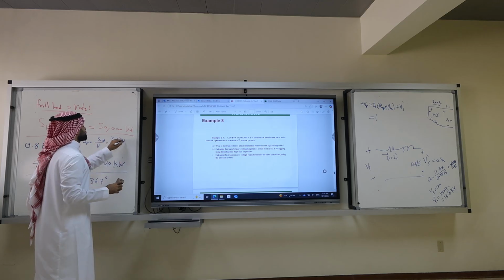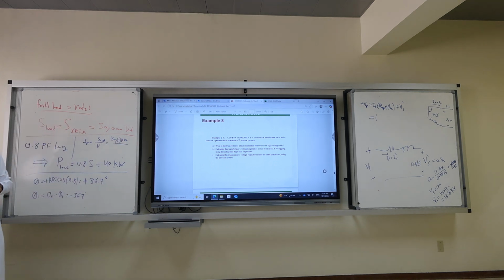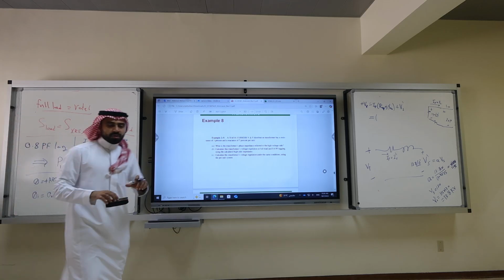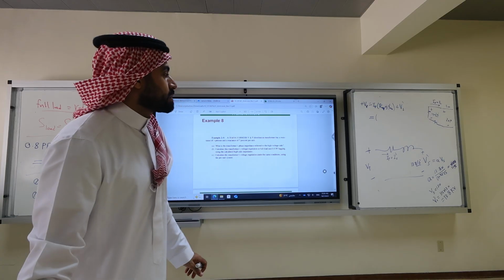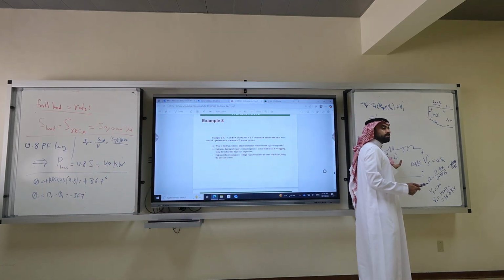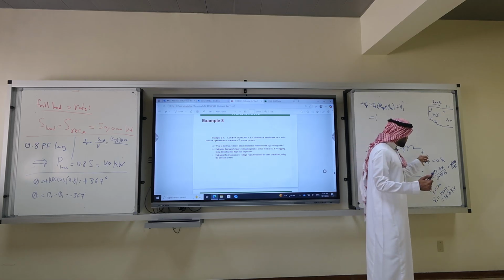KVA. Over what is my V base? 13.8. So what current am I trying to calculate? IP. Referred to high voltage, so I should use the high voltage quantity. Yes. So what is the voltage that's equivalent?